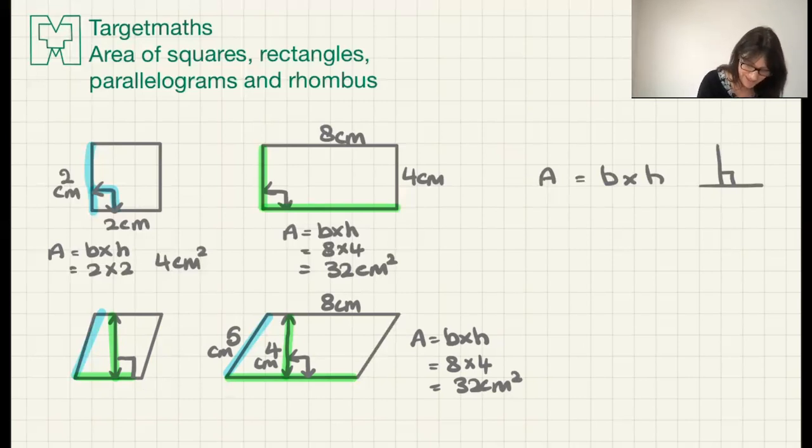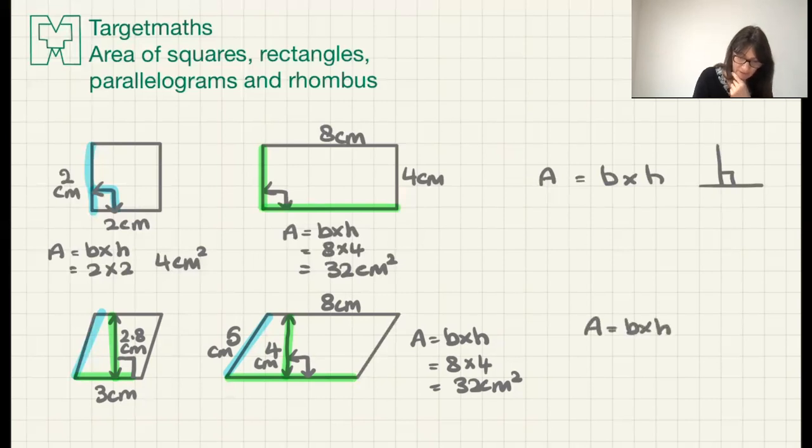Okay, over on the rhombus, let's keep it simple. Let's put 3 centimeters here, and let's say it's 2.8 centimeters. Don't be put off if you've got a decimal. I'm going to do the working out over to the other side, where there's a bit of space.